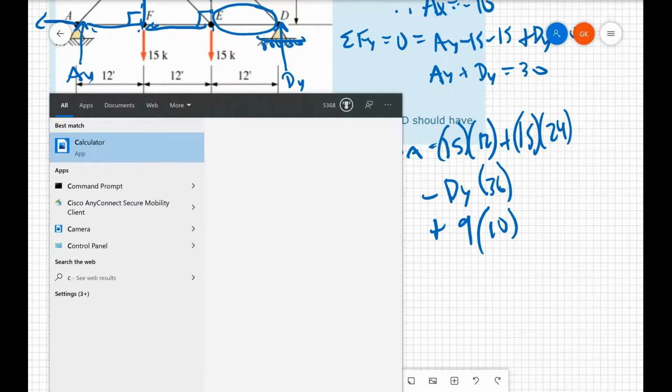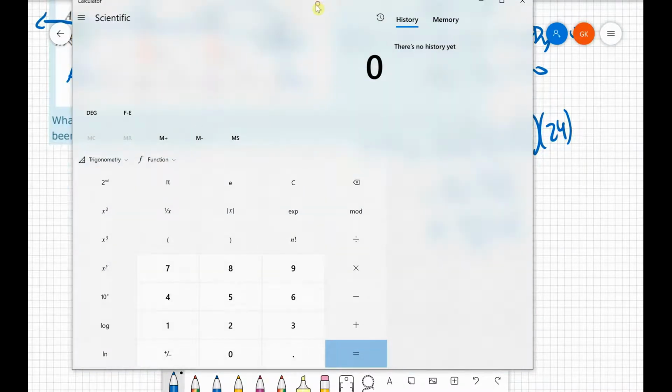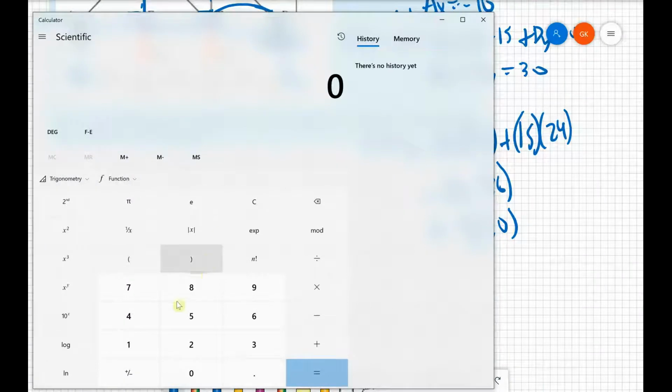Plug in my calculator now. So 15 times 12 plus 15 times 24 plus 90, that's 10 times 9. I divide all of that by 36.